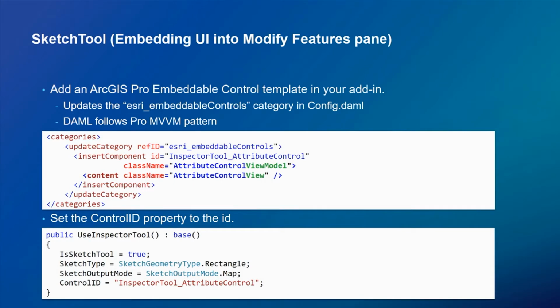Similar to the way the construction tool went, when you create an embeddable control, it updates a specific category in the DAML file, which is the Esri embeddable controls. It gives it an ID and a view model pair. Then within the constructor of your sketch tool, you would set the control ID to be the ID of that embeddable control that you entered.